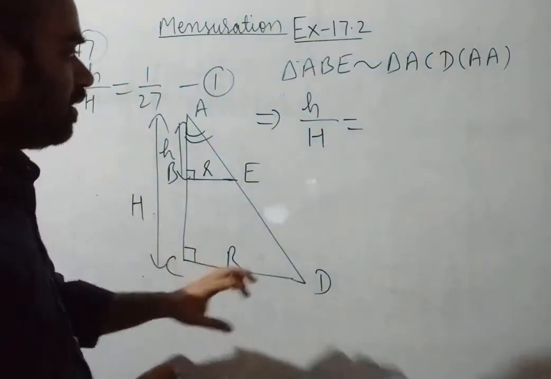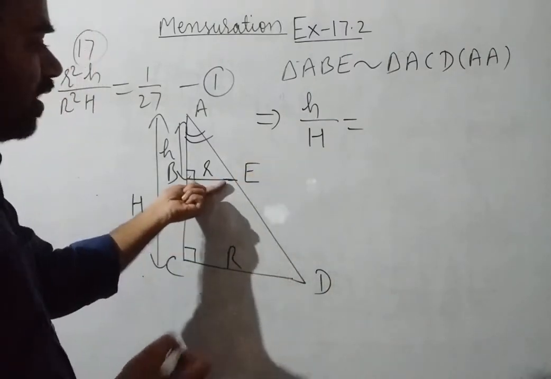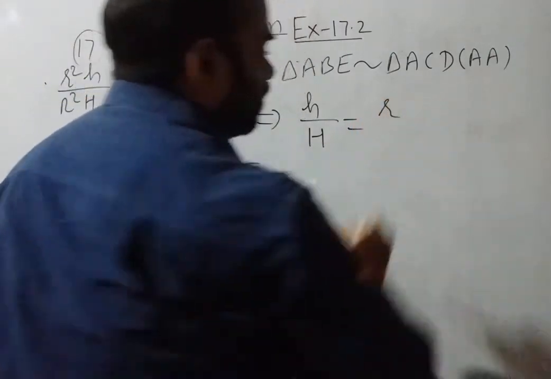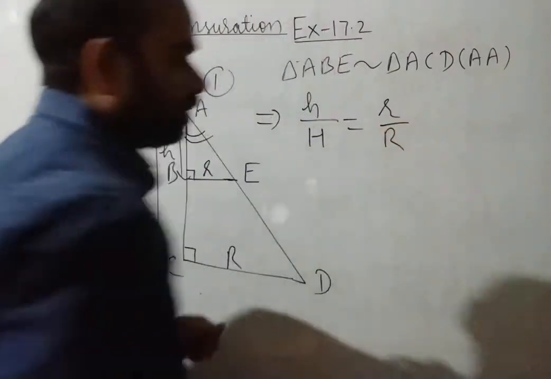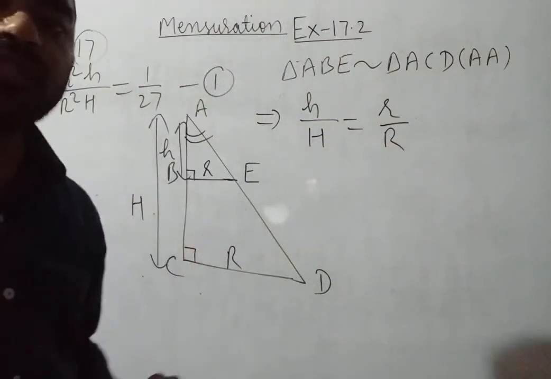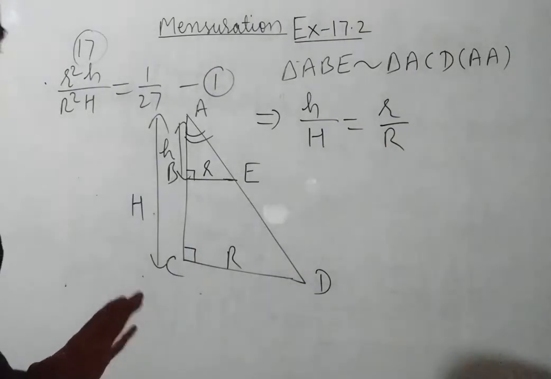Then if we take small r of the smaller triangle, we have to take capital R. If the triangles are similar, their sides are in the same proportion.